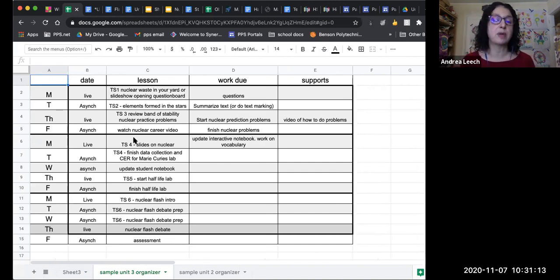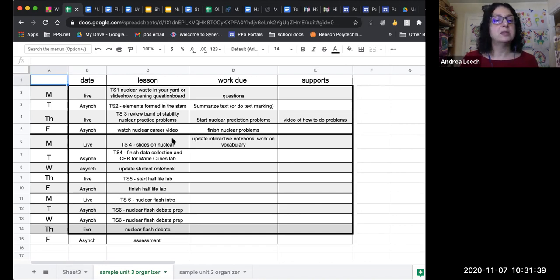I built this around what our schedule looks like with synchronous and asynchronous, assuming that I would start this next week, but you don't have to necessarily follow that. There's a few places where you can move things around. There's definitely the career videos that you can have them watch, where you can move a career video around if you need to, based on what your asynchronous and synchronous looks like.